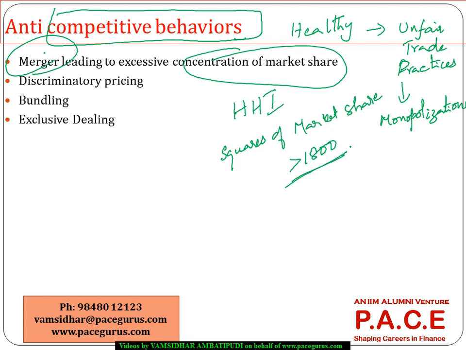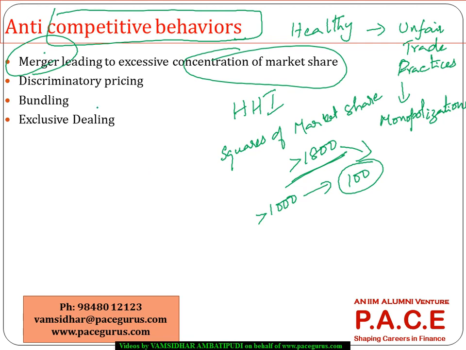If it is greater than 1800, or we have a few rules relating to that: even if it is greater than 1000, if there is a change of at least 100 with respect to the takeover, then antitrust law can come into the picture, and the regulation can stop that merger from happening.